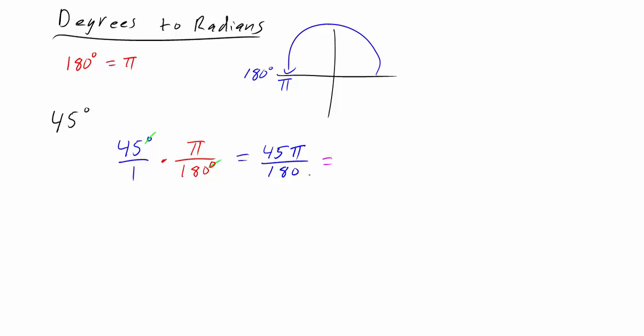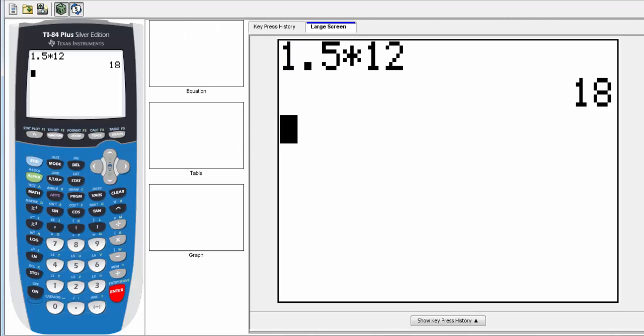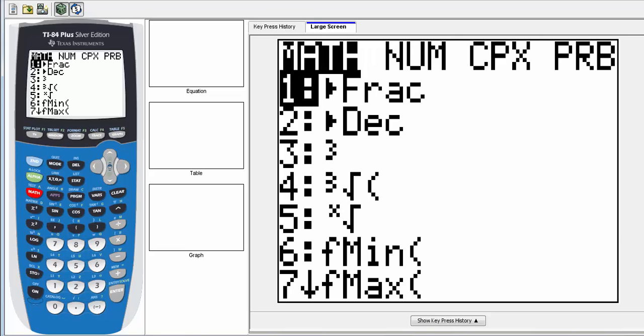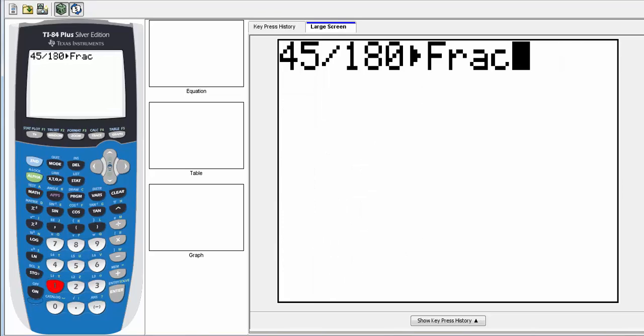So all we're doing is reducing the fraction. So you could do that by hand, or if you want to use the aid of the calculator, type in 45 divided by 180. Now notice here I'm leaving out the pi because all I want to do is reduce the fraction. So I'm going to type 45 over 180 and go to math, number 1 is fraction, and that's going to reduce it. And of course we know that's going to reduce to 1/4.